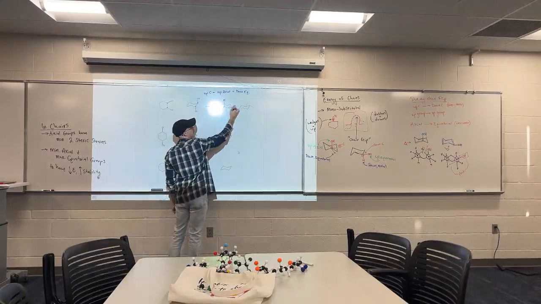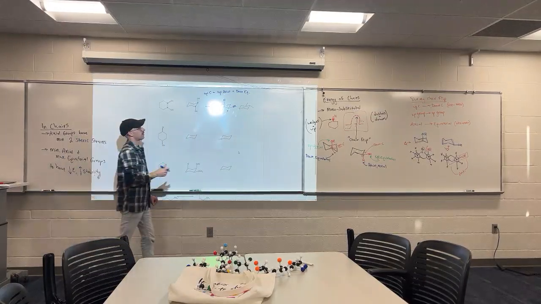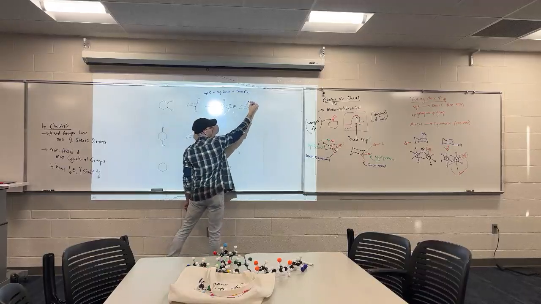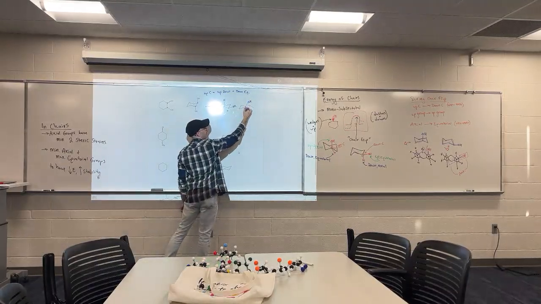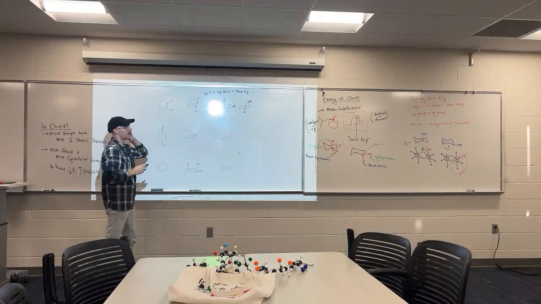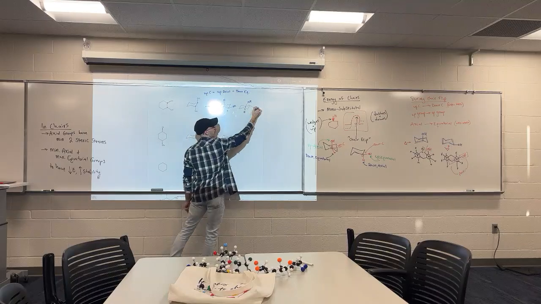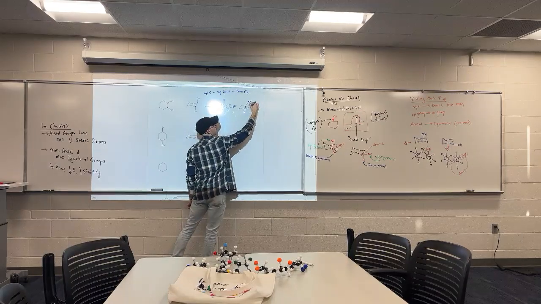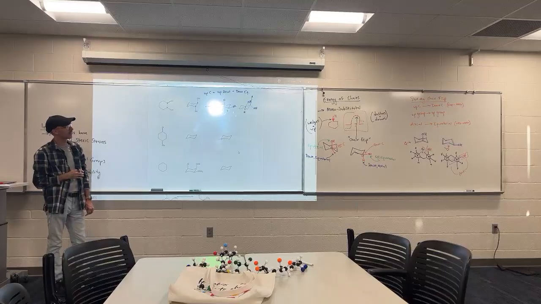And then here's my up equatorial OH and my down axial H. Here is my up equatorial OH, and behind this is my down axial hydrogen. And then here's my down equatorial OH and my up axial H got in the way of my other OH.